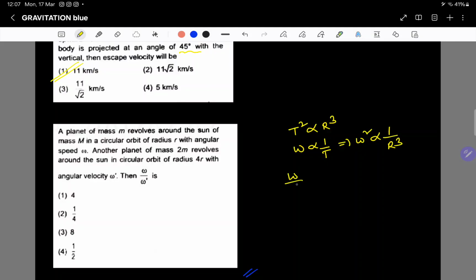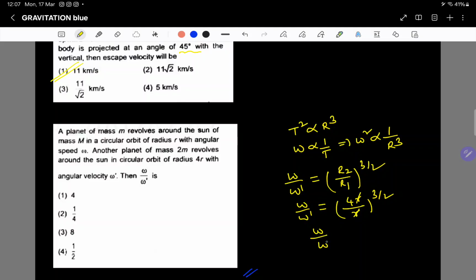So omega by omega dash equals r2 by r1 whole to the power of 3 by 2. Here r2 is 4r, given in the question, and r1 is r. So this r is cancelled. 4 we can write as 2 squared, power 3 by 2, the 2s cancel, 2 cubed is 8.